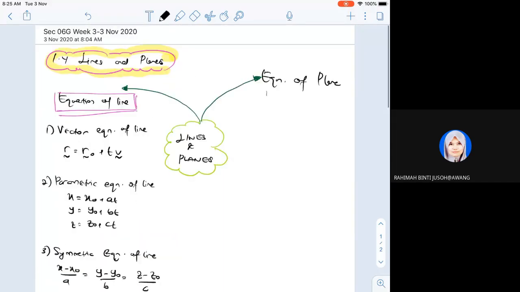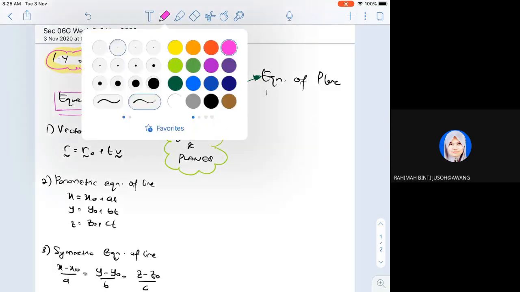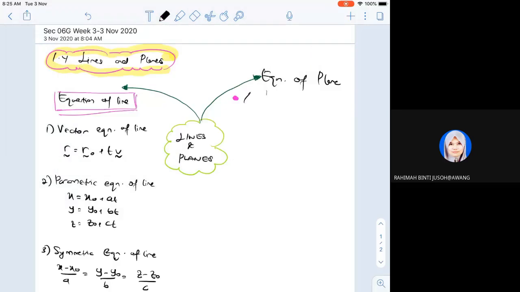However, for the equations of plane, we also need two things. Again, we need a point P naught on the plane, which is x naught, y naught, and z naught. And another thing we need to have is the normal vector, denoted as n.